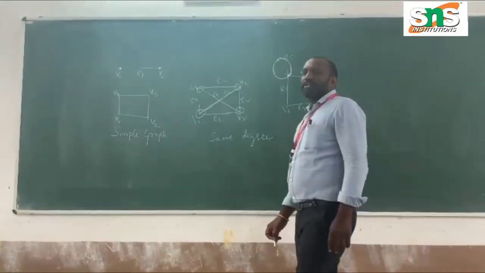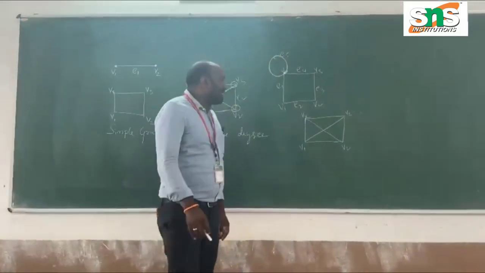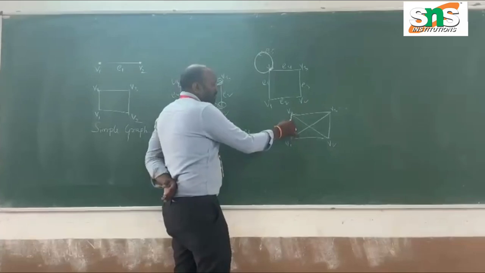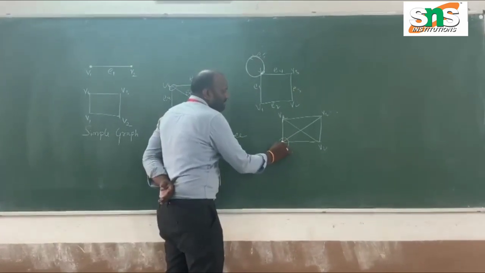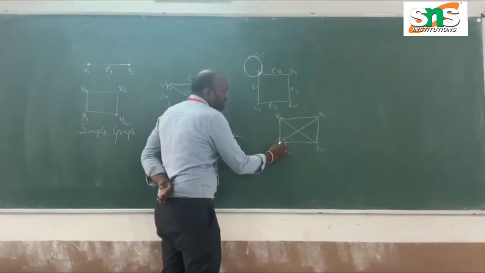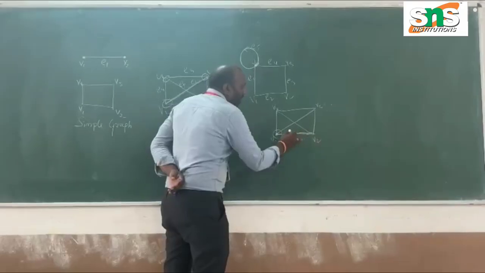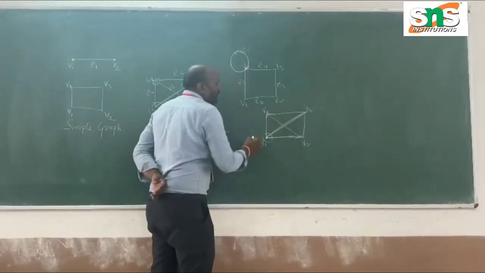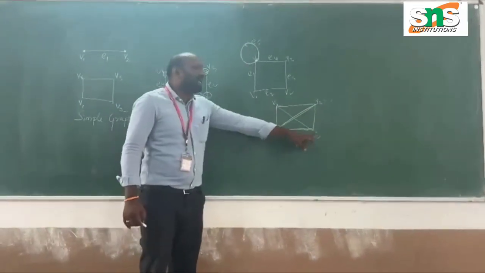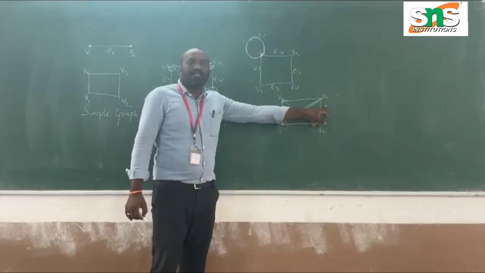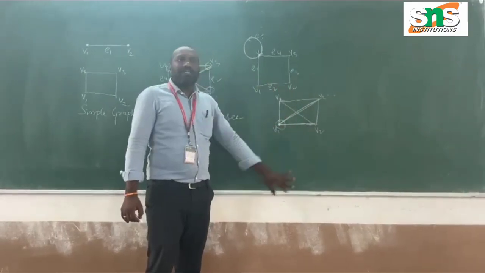Why is it a complete graph? See, in this graph every single vertex is connected with all the other vertices. There are 4 vertices, and every single vertex is connected with all the vertices.